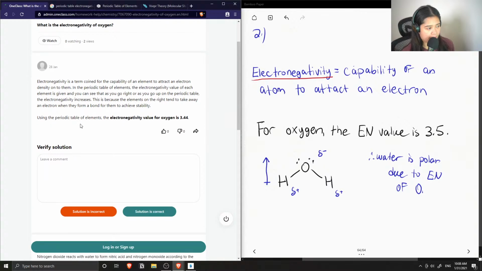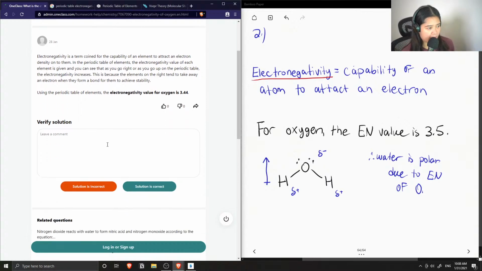This is because the elements on the right tend to take away an electron when they form a bond for them to achieve stability. Using the periodic table of elements, the electronegativity value for oxygen is around 3.44. Okay, so this solution is correct.